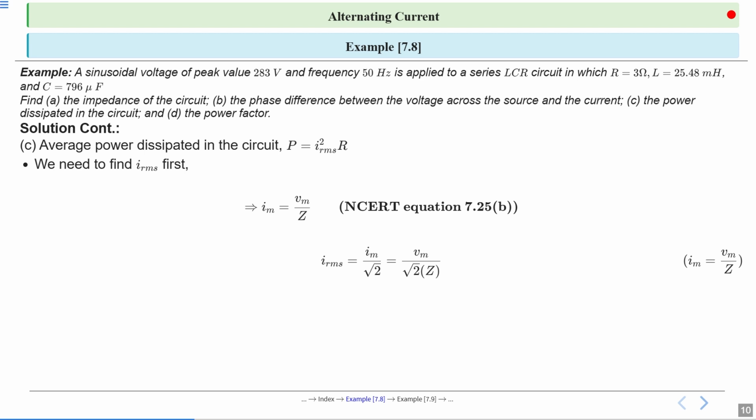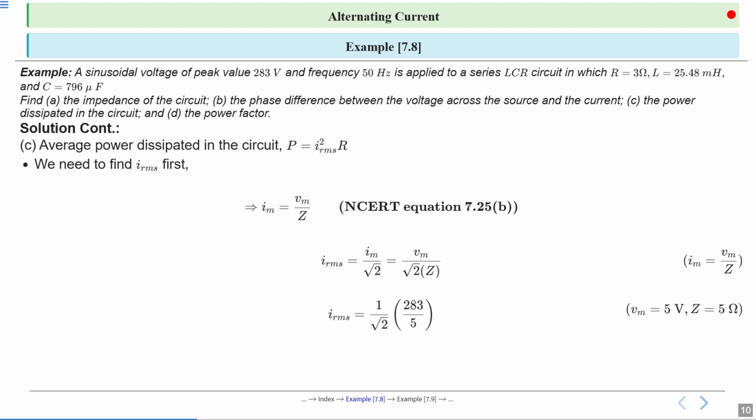Put the value of Im in this expression. According to NCERT equation 7.25b, Im is Vm upon Z, so IRMS will become Vm upon root 2 Z. Now put the value of Vm, which is given as 283, and Z we have calculated as 5 ohm impedance, and root 2 is there.